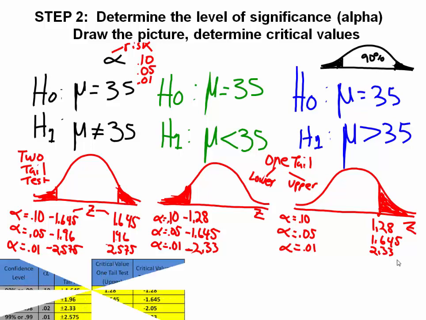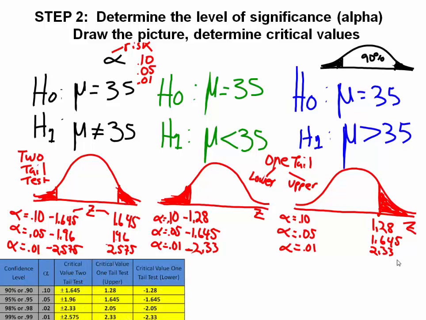So, given that, here is our table of values associated with our confidence level. Given our confidence level, we have our alpha values, and I included 98% to show you what happens. If we have a two-tailed test, here are our critical values, plus or minus.